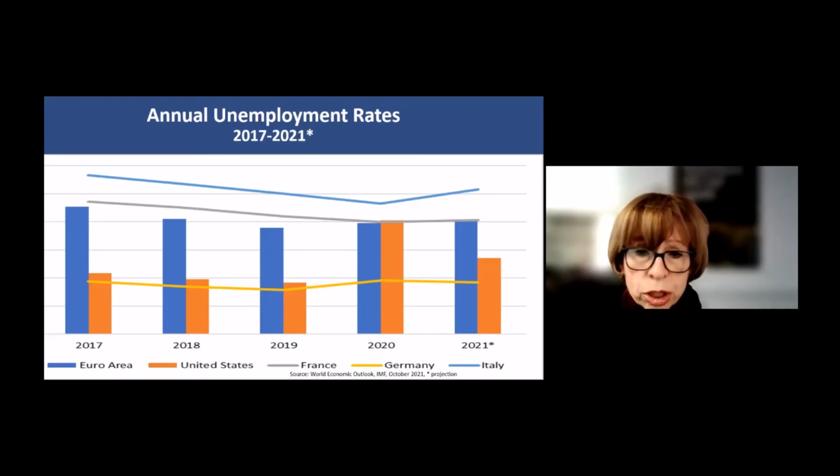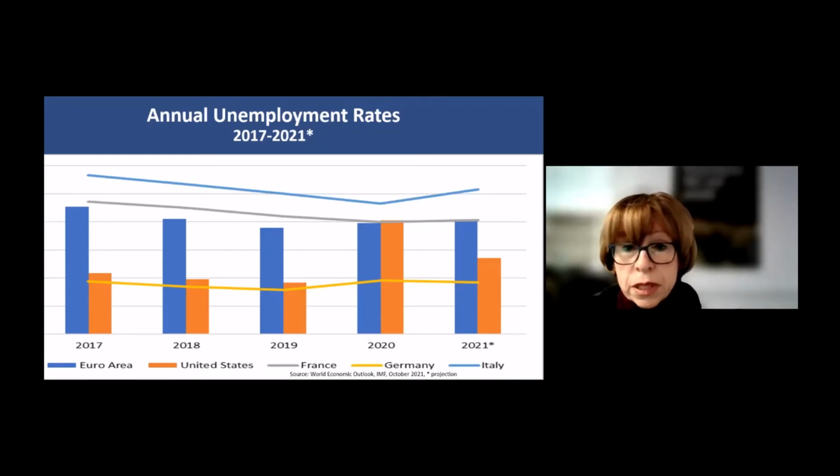That's the projection of what they believe the unemployment rate will be for 2021. It's interesting to note that in 2020, the annual unemployment rates in the US and the EA matched one another. They were just pretty close.